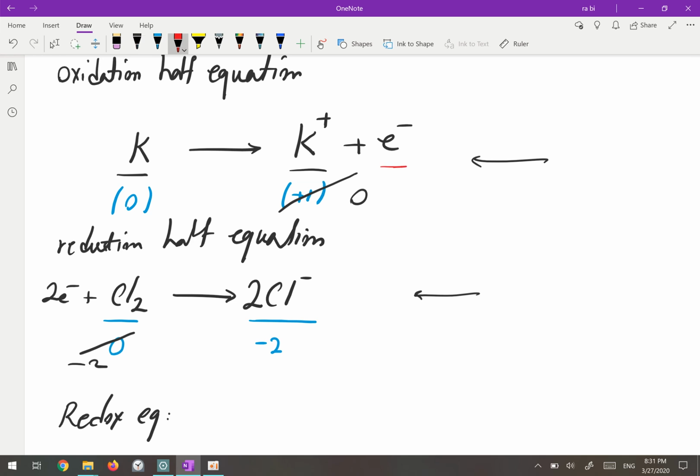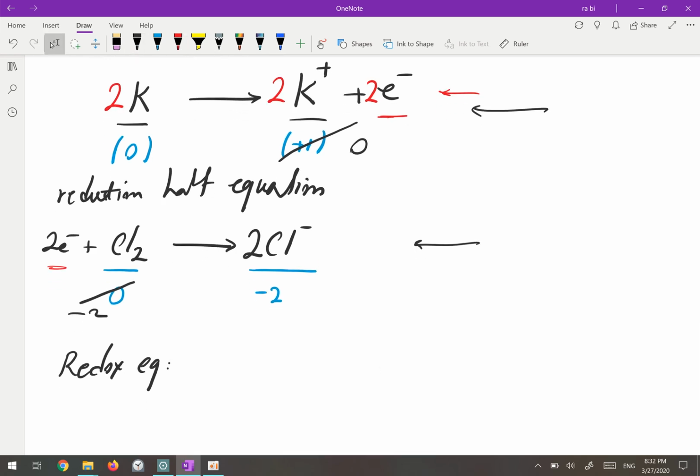Here I have 1 electron, here I have 2 electrons. So in this case, I multiply this equation by 2 to make the electrons the same as the reduction half equation. When you multiply by 2, you have to multiply all the coefficients. So 2 times 1 becomes 2, and we get 2 plus 2 electrons. Now I'm able to add these two equations.